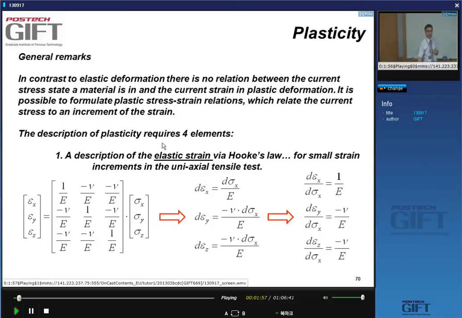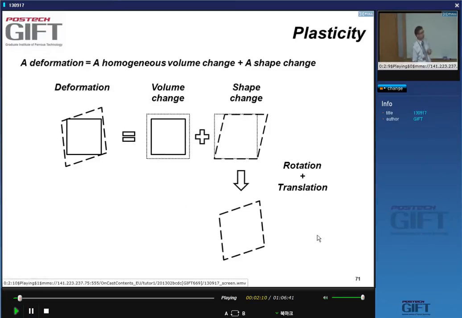And I can easily compute this for uniaxial straining conditions, and you see the equations here. Rather simple. Okay, and you're probably using it for a long time already.